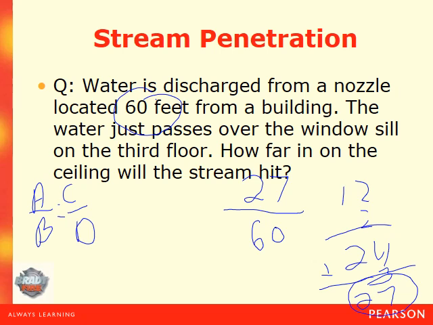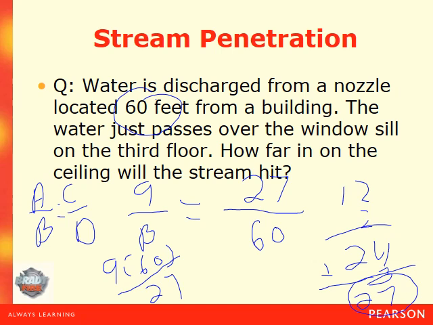27 over 60 equals A over B. And A, pretty much, as a rule of thumb, is always going to be that 9. And B is what we're looking for. So again, cross multiplication. 9 times 60, and then you're going to divide that by 27 to get our answer.